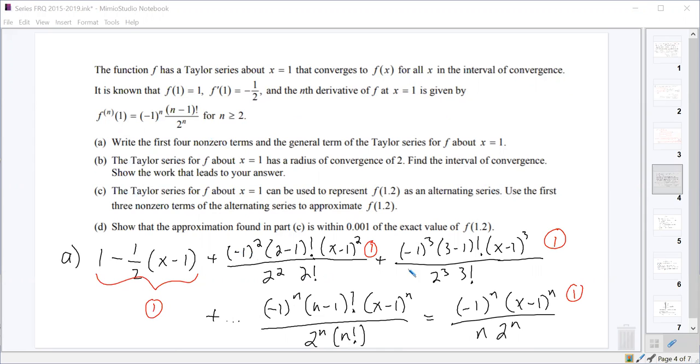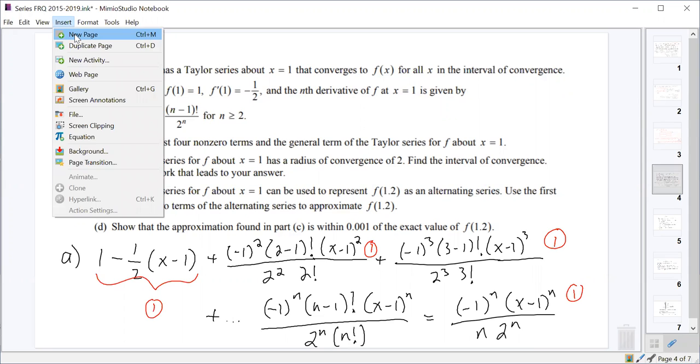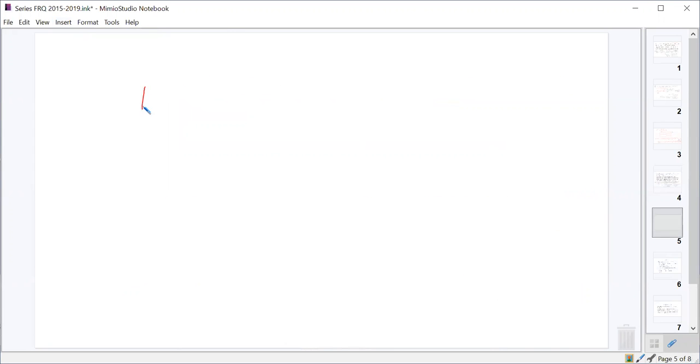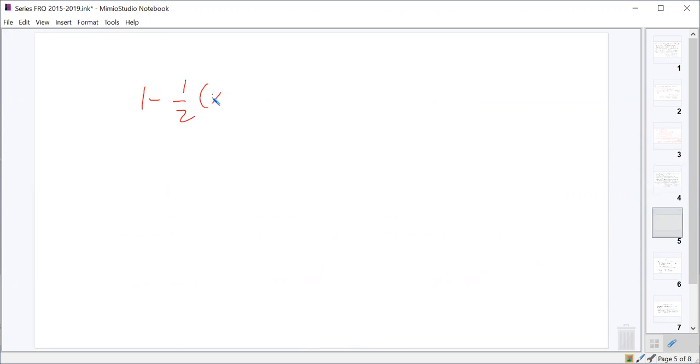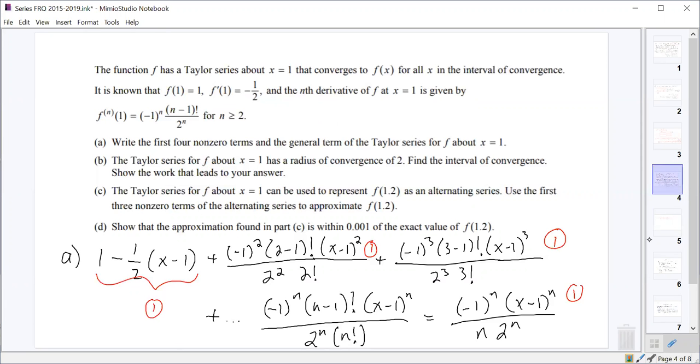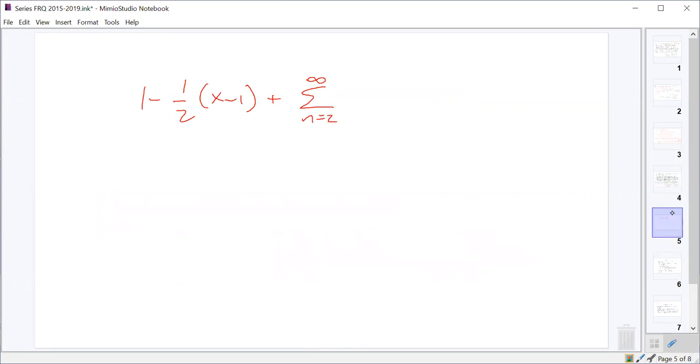So if we were to write this thing out as a series, just the whole thing, I would write it like this: 1 minus 1/2 of x minus 1 plus the sum from n equals 2 to infinity of all of this stuff, -1 to the n, x minus 1 to the n over n times 2 to the n.